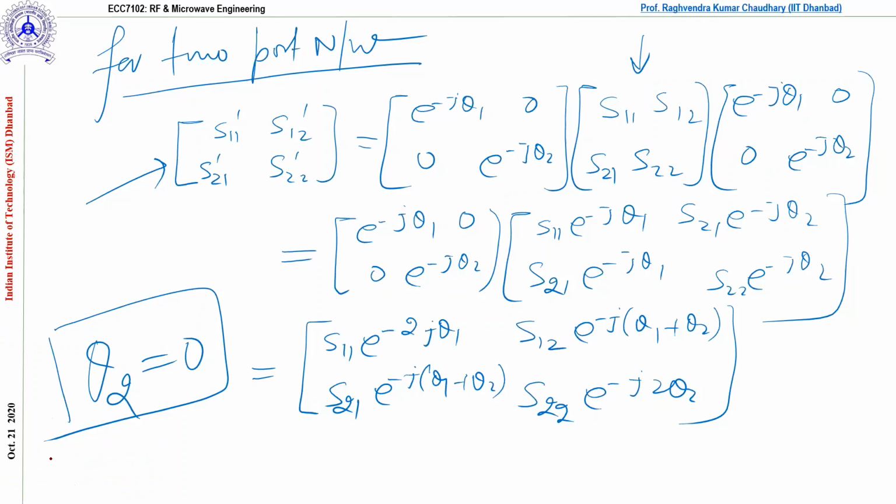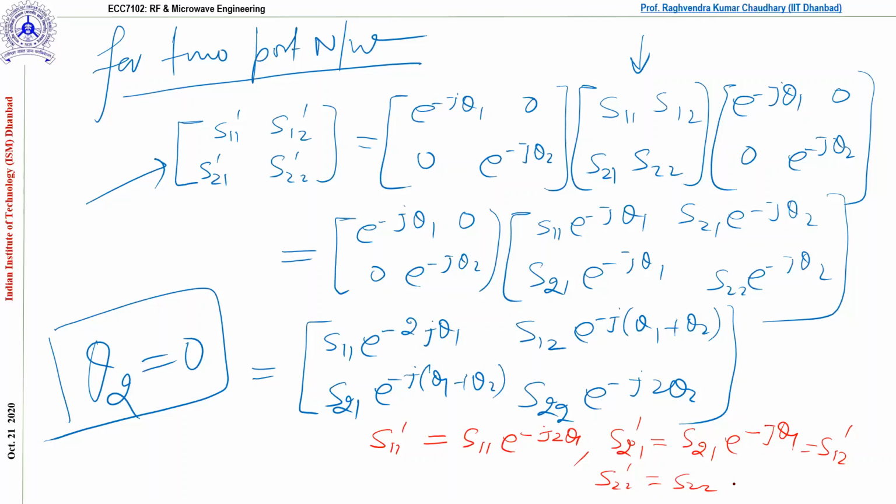Let us write it down with a different color. So S11 dash will be equal to S11 e to the power minus j 2 theta 1, and S21 dash will be S21 e to the power minus j theta 1, which is equal to S12 because this is a reciprocal system, and S22 dash is equal to S22.